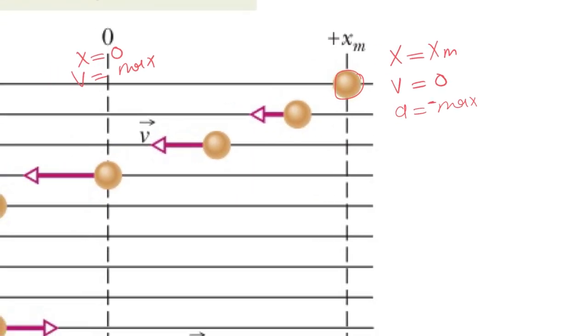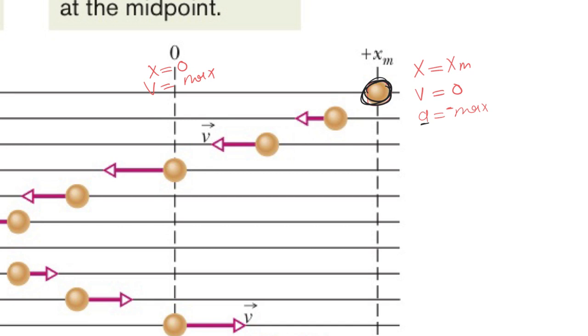Because here the particle is moved back because we have the acceleration, but the acceleration is negative, and because of that the motion goes to the left. So you can see here that the particle at xm goes to the left. Why? Because the acceleration at this point is maximum but negative. Because of that it goes back to the left.